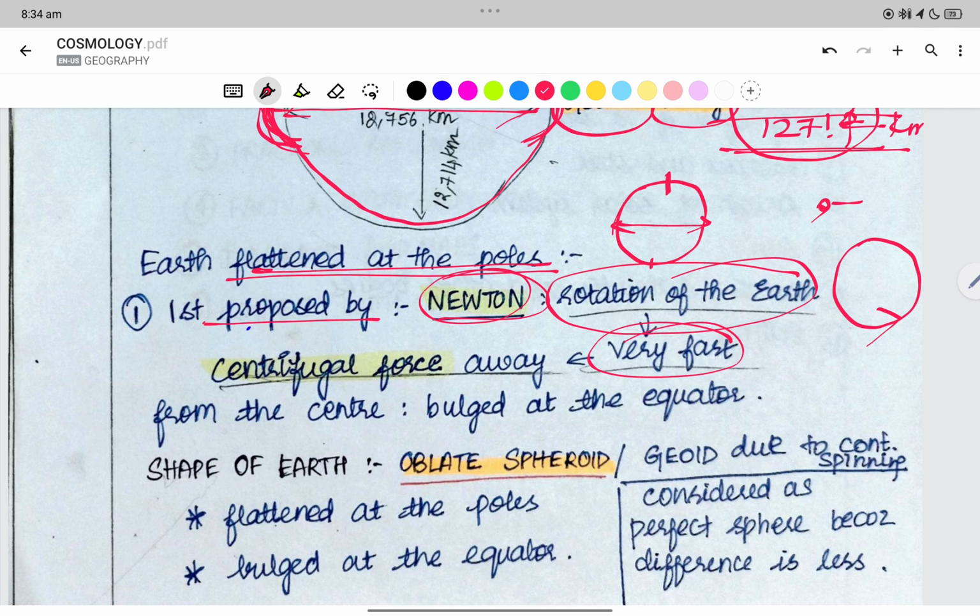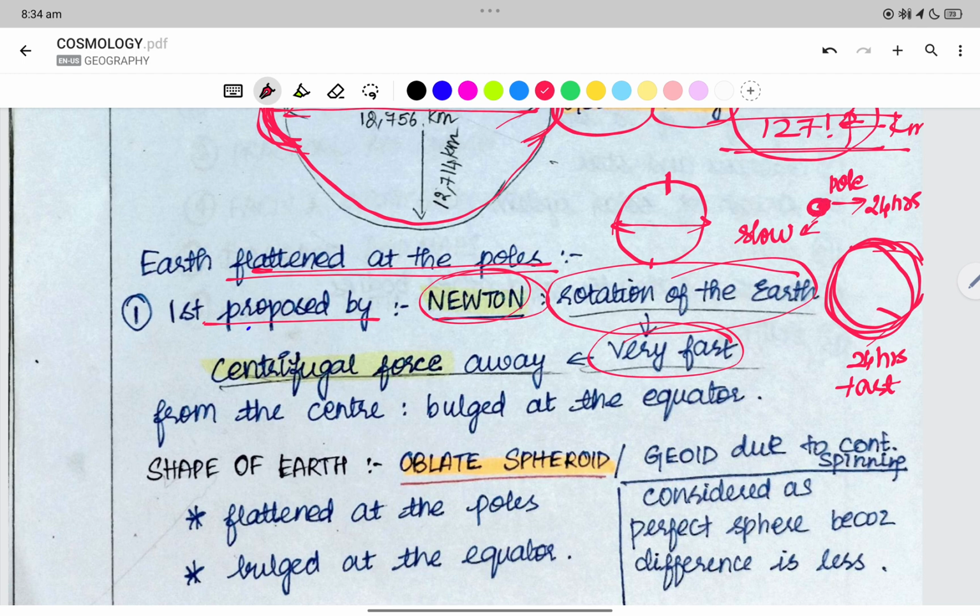To rotate this pole, earth has been provided 24 hours, but to rotate this equator earth has been provided the same 24 hours. So here the rotation will be slow and here the rotation will be fast, because the equator is very big compared to the pole, a small area to rotate.